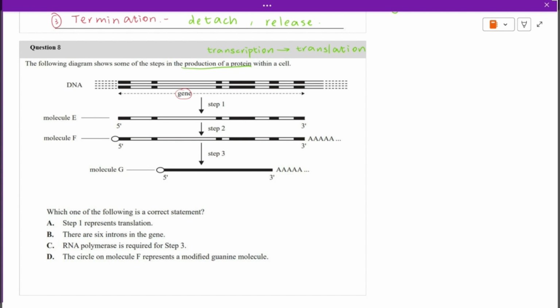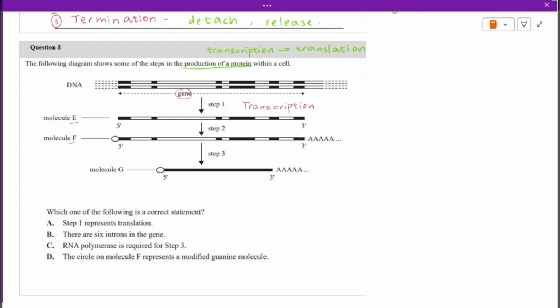So step 1 looks like DNA, the double-stranded molecule, has turned into a single-stranded molecule. So once again, this process is transcription. And then looks like there's not much change between molecule E and F. So let's have a look at what are the subtle differences.